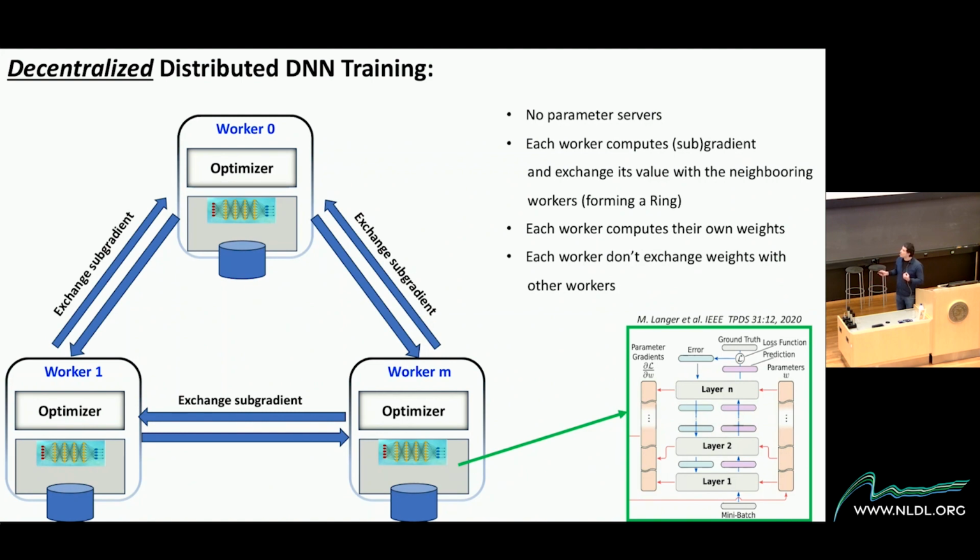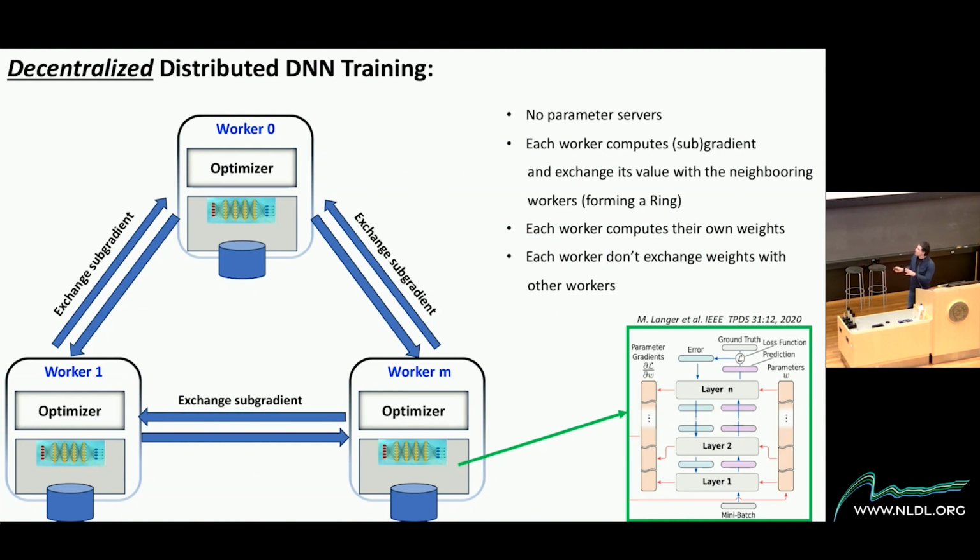Because at the end, each worker will compute the subgradient and will get the total value of the gradient, which means at the end, all the workers will have the same value of the gradient.